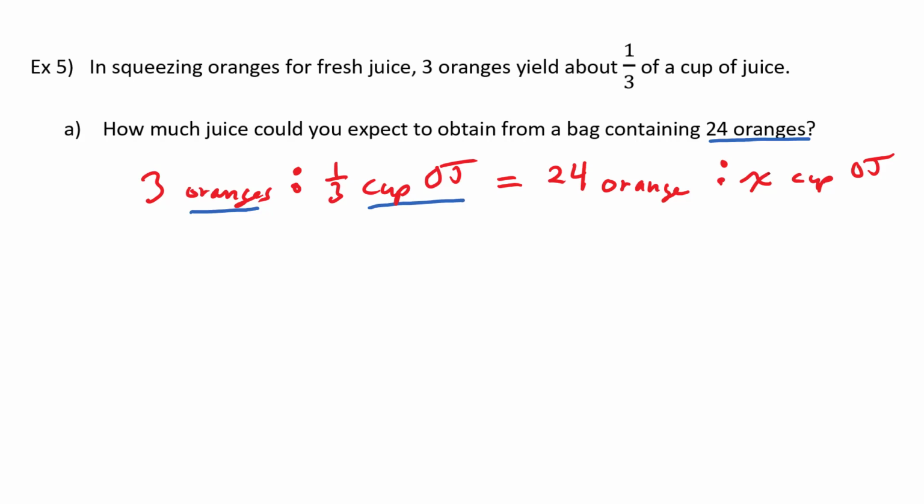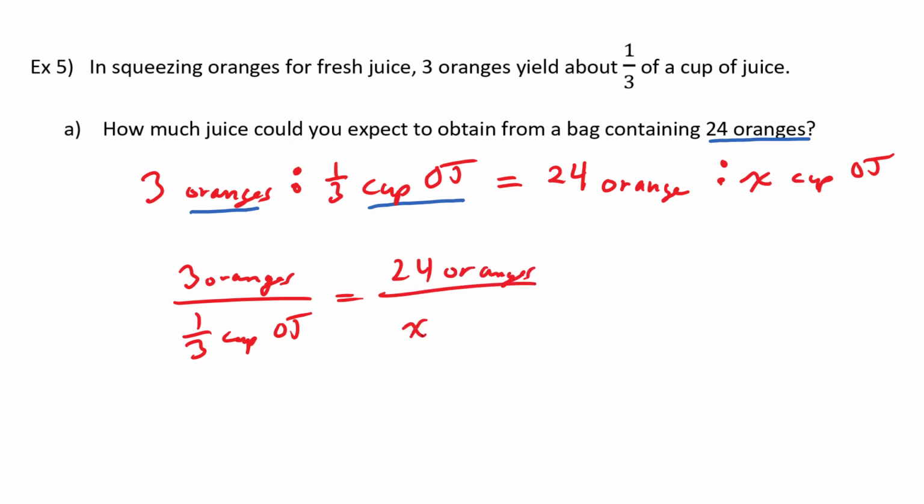Let's now convert this ratio into a fraction. 3 oranges divided by 1/3 of a cup of OJ, and that's equal to 24 oranges divided by X cups of orange juice. You can see here we have the X on the bottom.